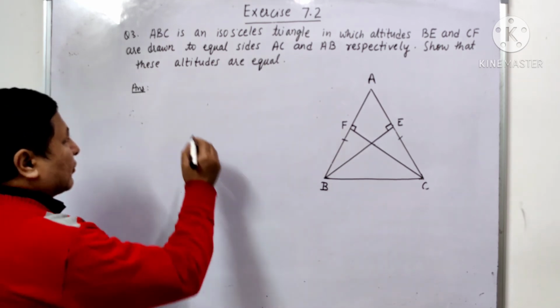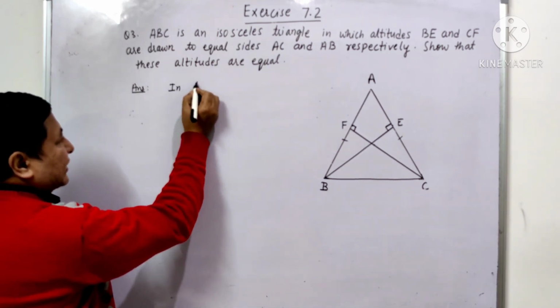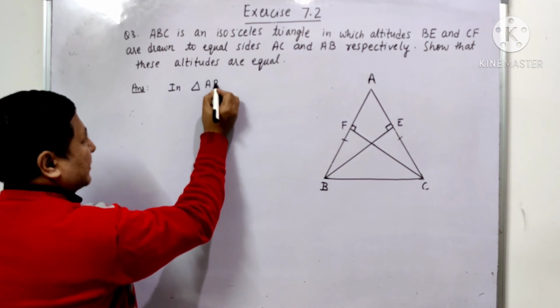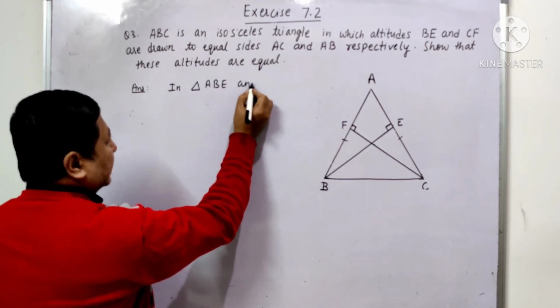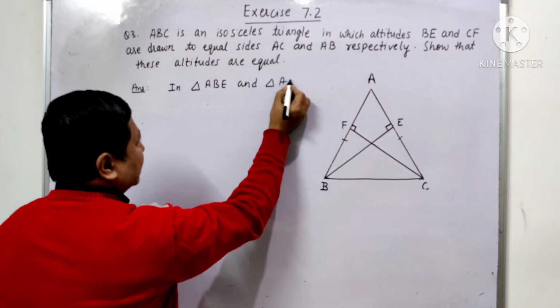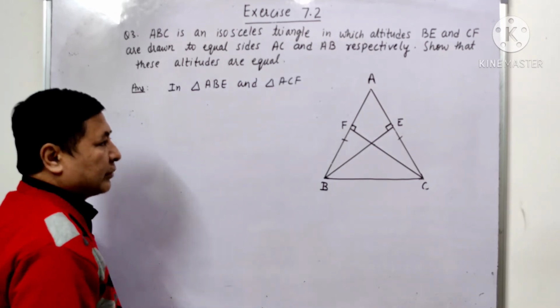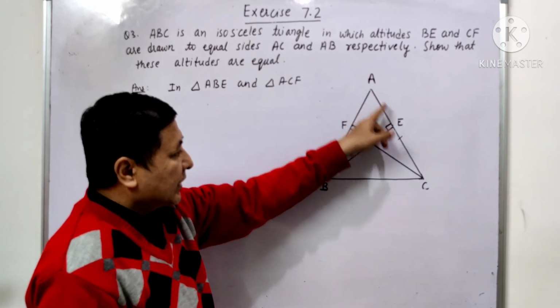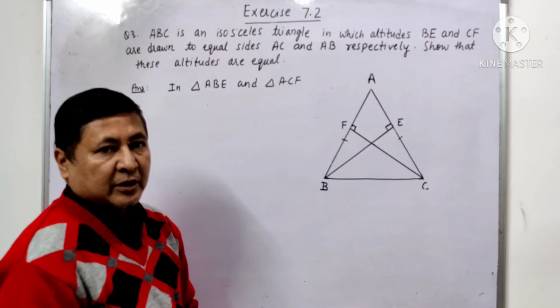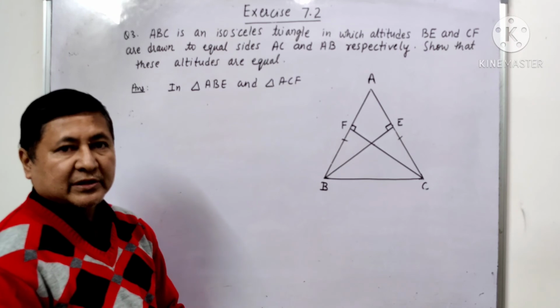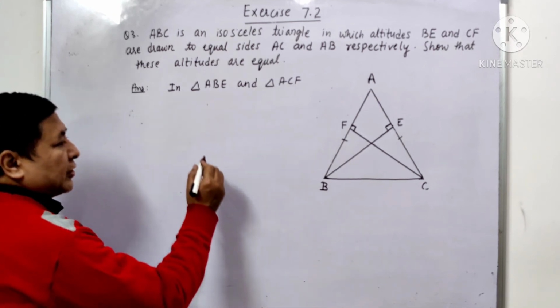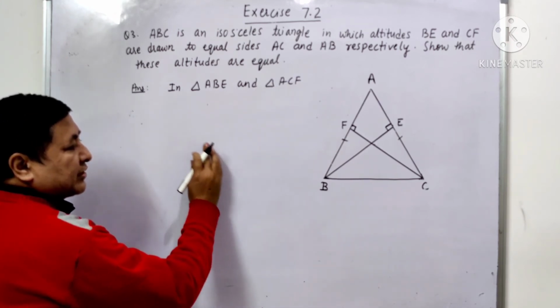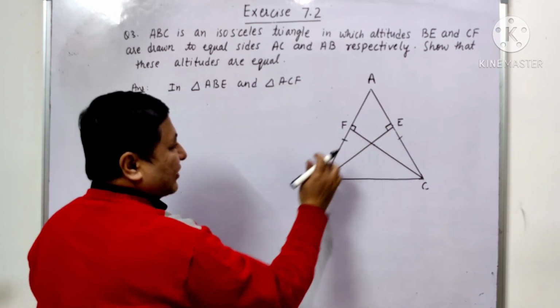Now for this, we will take triangle ABE and triangle ACF. I am going to take these two triangles ABE and ACF, and we will prove that these two triangles are congruent. Now first, it is given that BE and CF are altitudes.